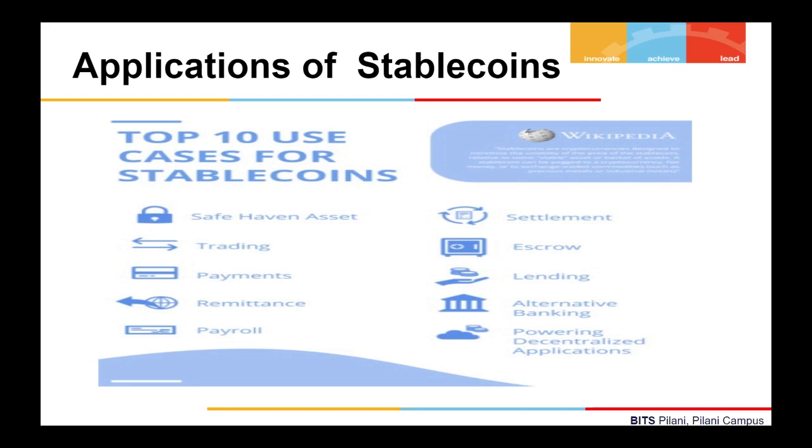And another application is powering decentralized applications, which have been in a boom for quite a long time. Decentralized applications with payment integration usually accept the native token of the platform that they run on, such as Ether or Bitcoin. But because Ether's price fluctuates, the payments that decentralized application creators receive are subject to variable market price.